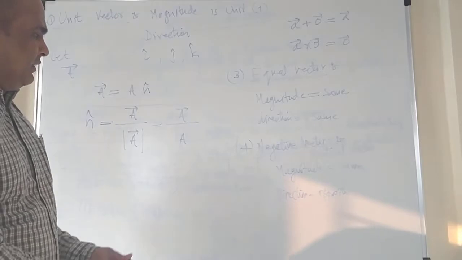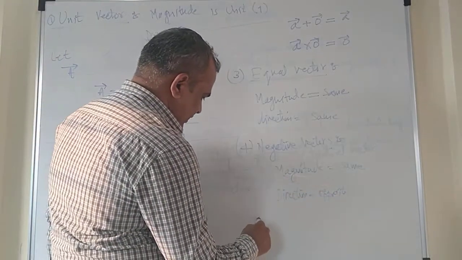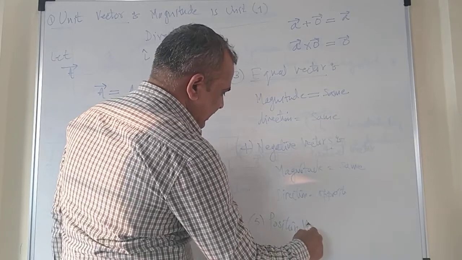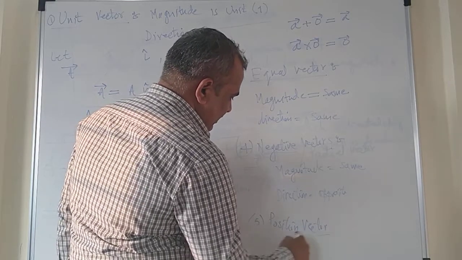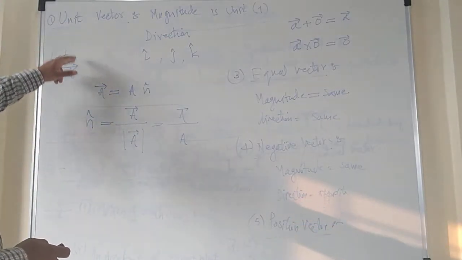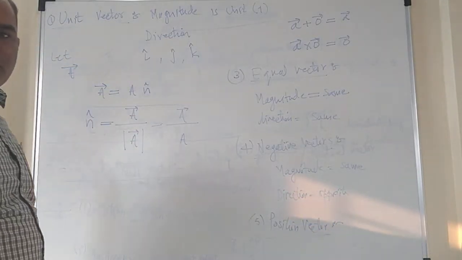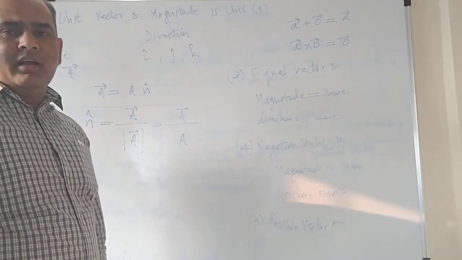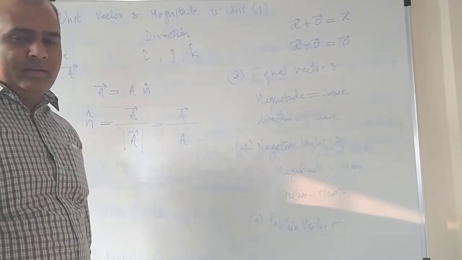Next is the position vector. Just now we have studied what is meant by position vector, because we have plotted a graph here, x-axis against y-axis, and considered one vector a bar, whose position vector is OP bar.